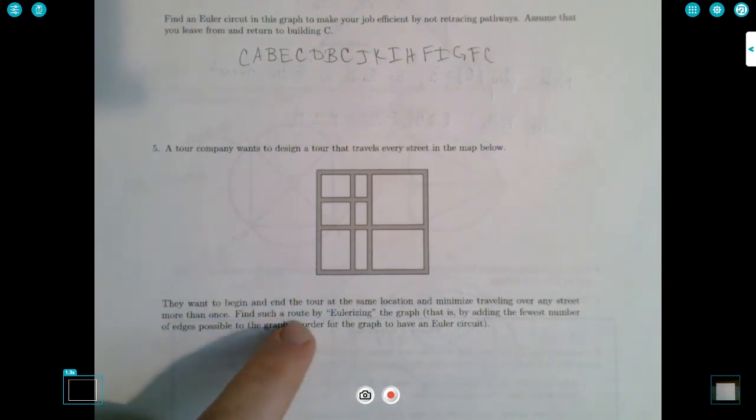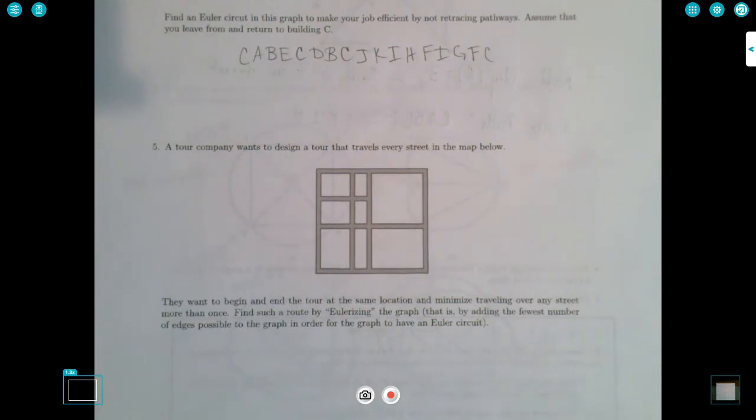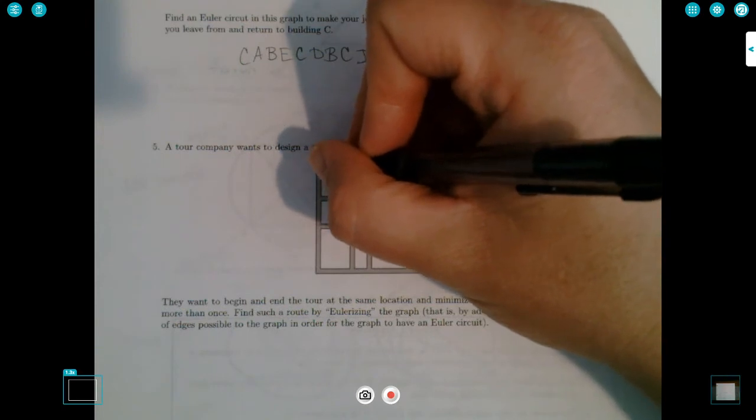So we want to find a route for them by Eulerizing the graph. So you can kind of think of this like a graph, right? Where each of the corners or intersections is a vertex, we'll say.